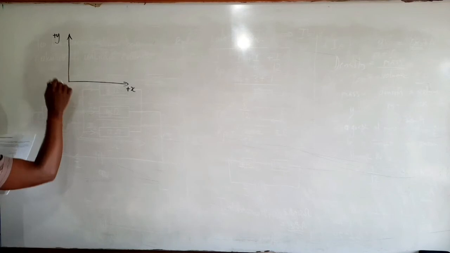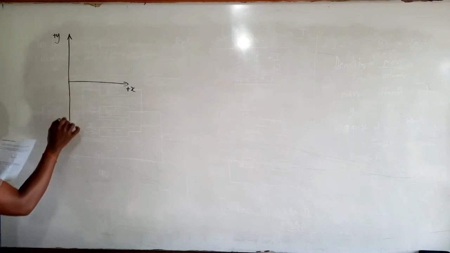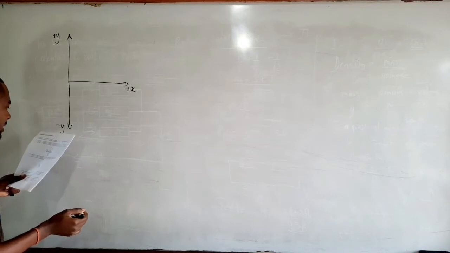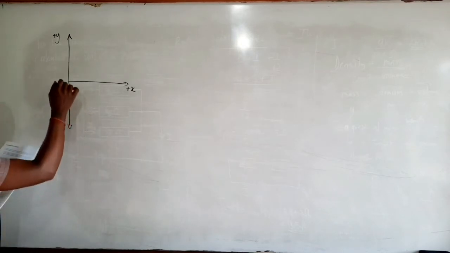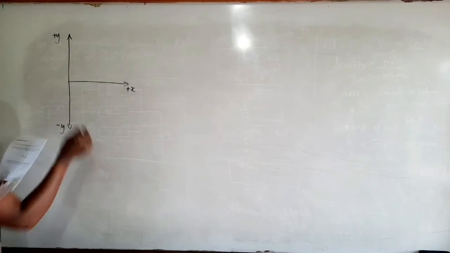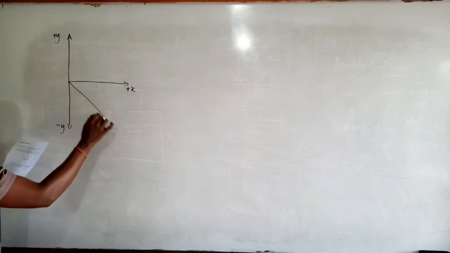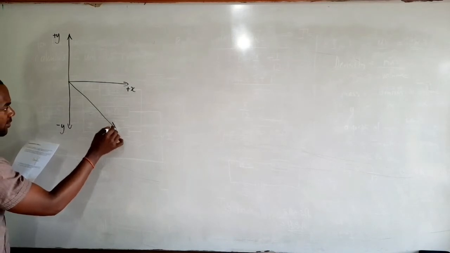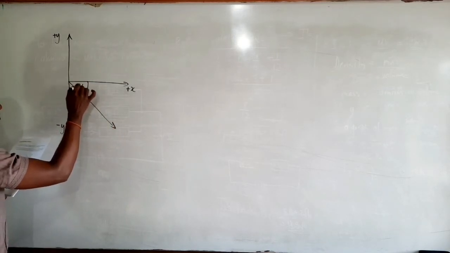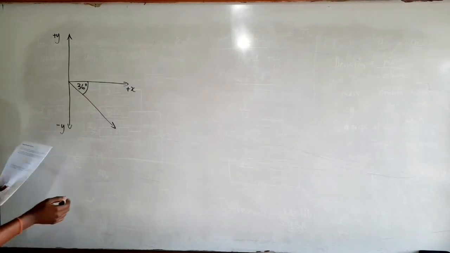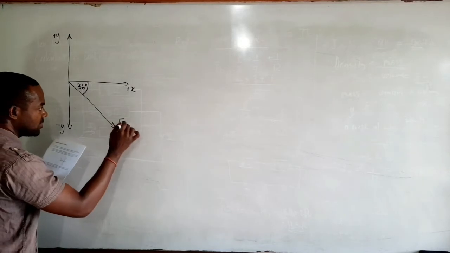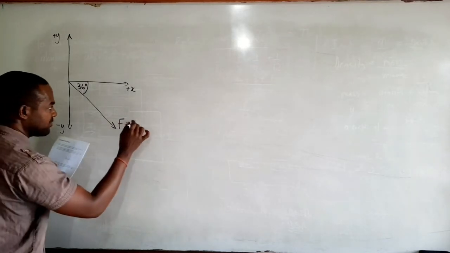So we'll need the negative y component, so let's call this minus y, and of course our vector is 36 degrees below the positive x-axis, so it looks something like this. And this angle of course is 36 degrees, and the magnitude of the force, let's call the force F, is 575 newtons.